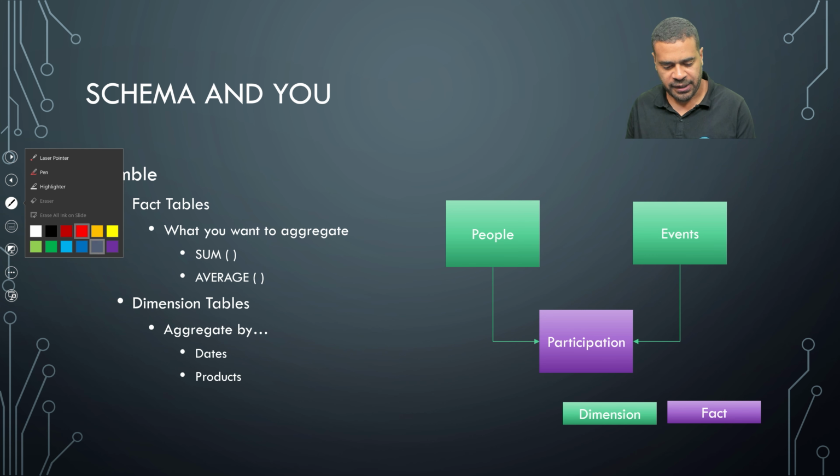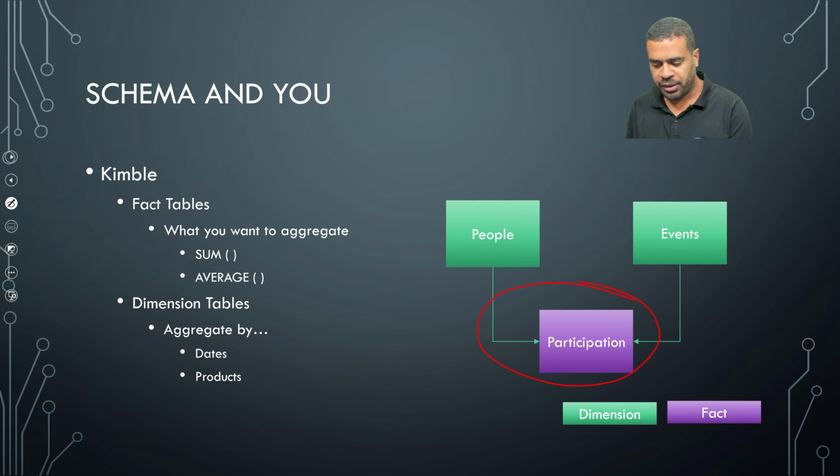If we start thinking about this in terms that participation is going to feed into our people. Because what we're going to do is say participation at the events is going to come from here, and it's then going to lead to the people that we're going to get. So we'll get a distinct list of participants that will build up to become our people dimension. Makes sense. And we'll do that next week.